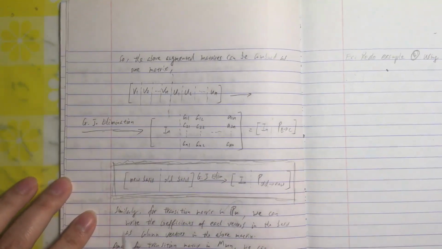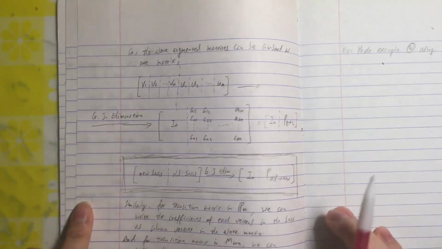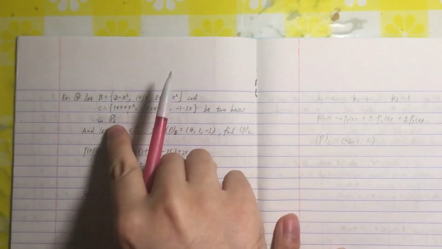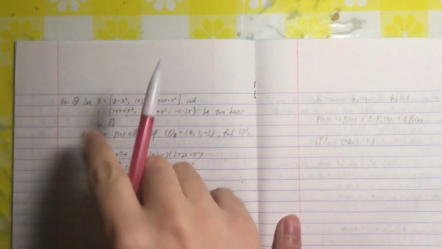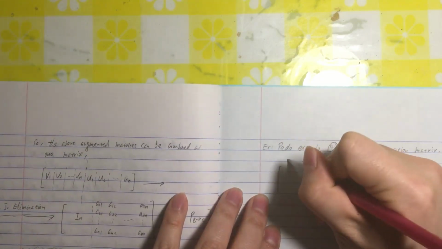For the transition matrix, we first set up the matrix using the new basis followed by the old basis. Here, the new basis is C. For polynomials in Pn, we put the coefficients in columns.